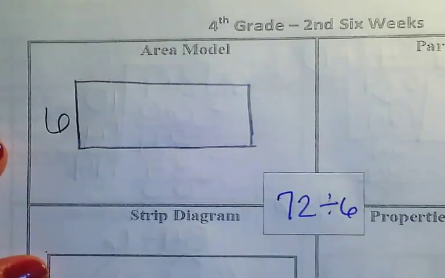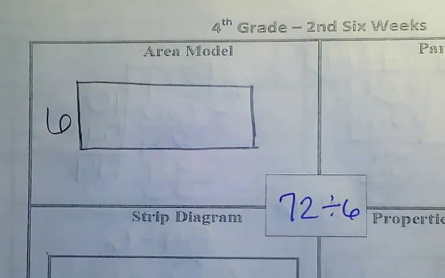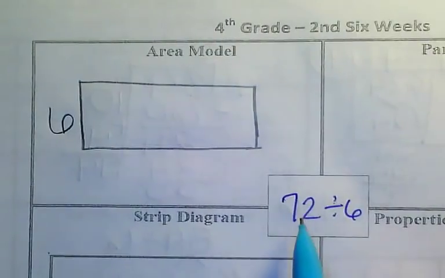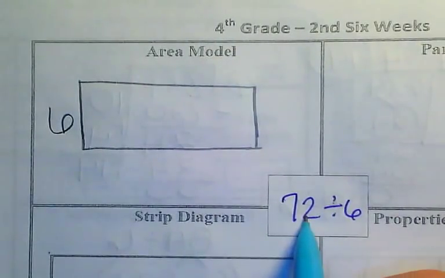No, remember that's for multiplication. We divide it. We start with 5. 6 times 5 gives us what? 30. Do I have enough to keep going? Yes, because 72 is larger than 30.